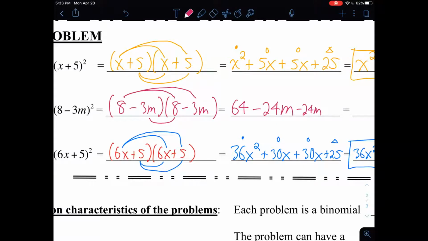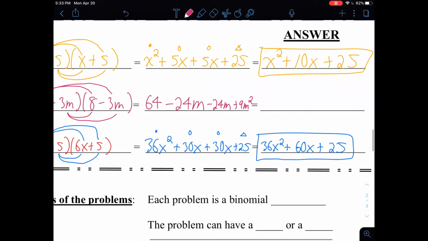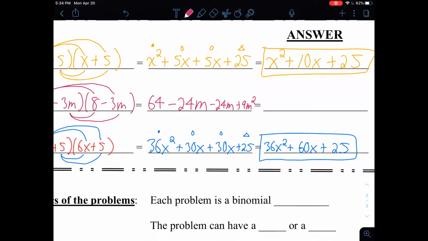And then negative 3m times negative 3m, which is positive 9m squared. Be careful. We don't really rearrange it to put the squared first. I would just write it like this for now, just kind of keep it in the order. Those are our like terms. We have 64. What's negative 24 minus 24? It's negative 48m plus 9m squared.